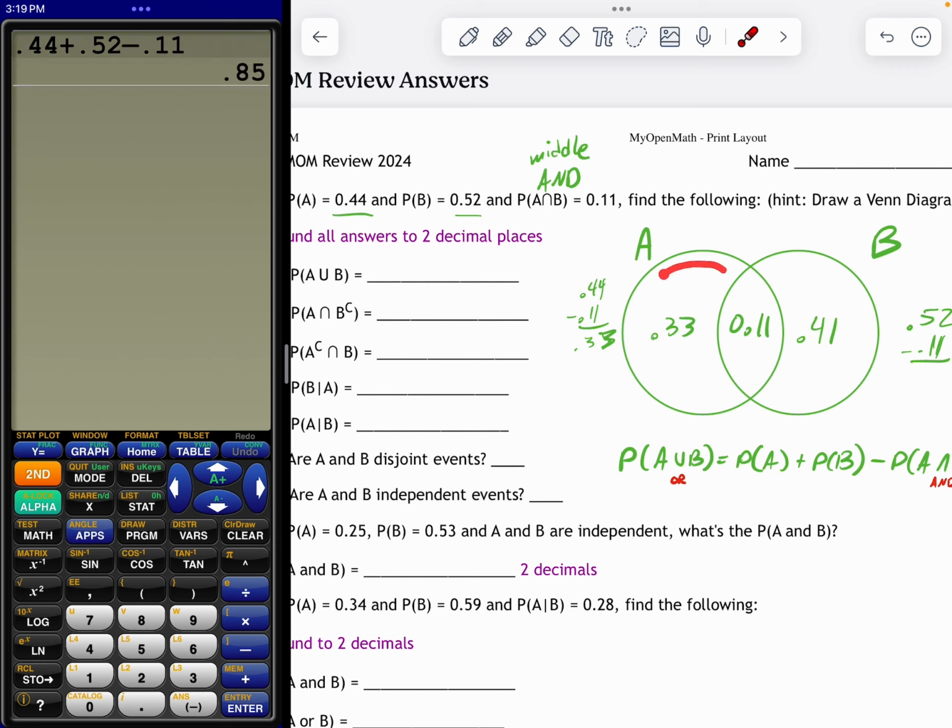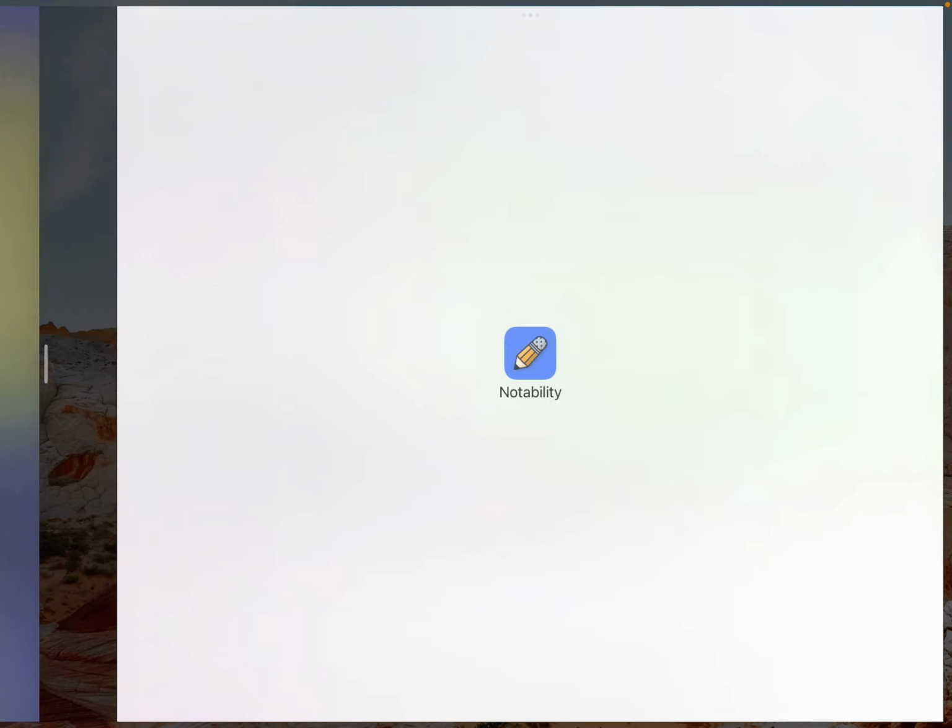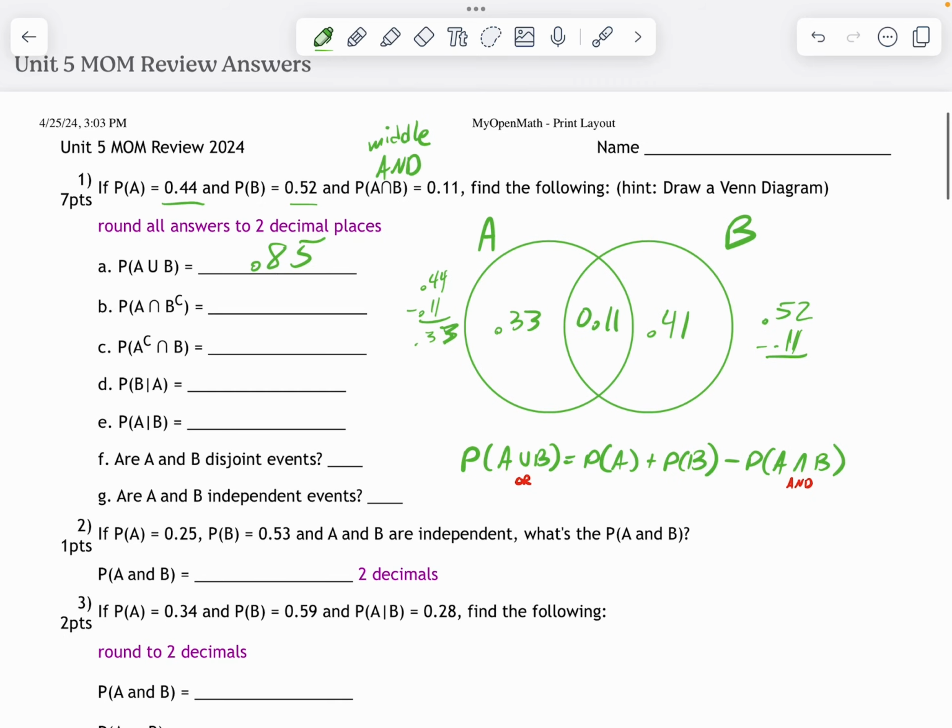Because if I add up 44 and then I add up 52, I have counted this 11 twice, so I subtract it, okay? And there you go, 85%.